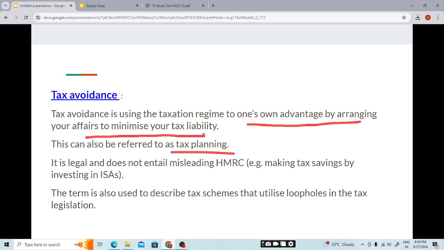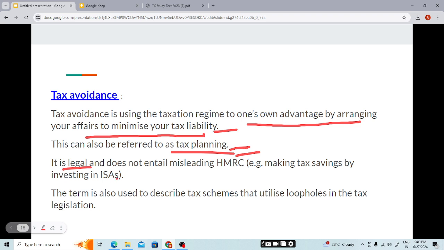So tax avoidance is using the taxation regime to one's own advantage by arranging your affairs to minimize your tax liability. This is also referred to as tax planning, so that you pay a minimum amount. It is legal.